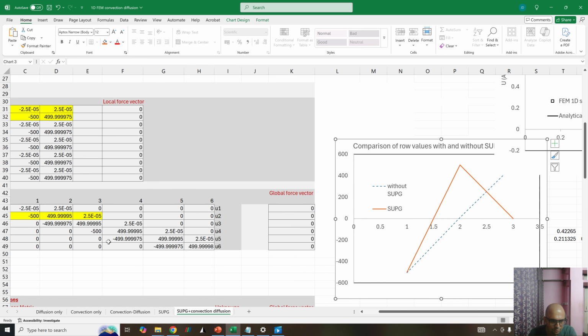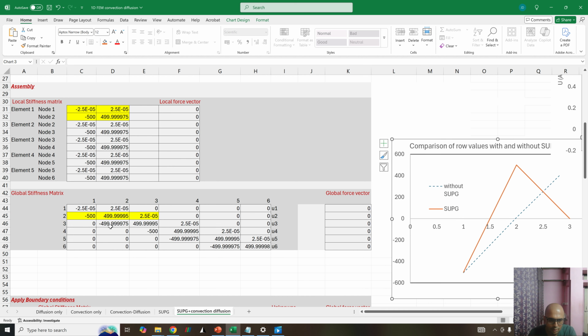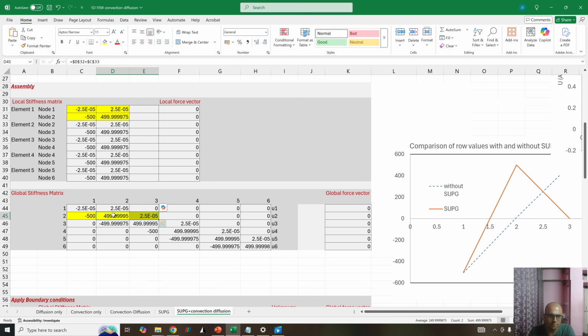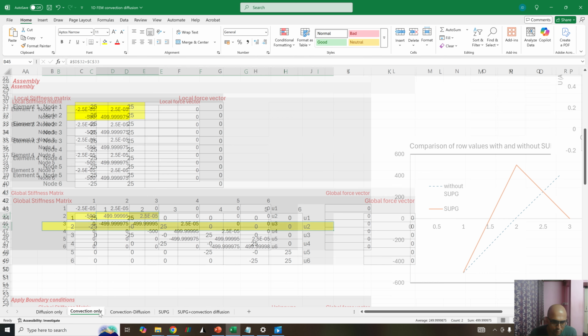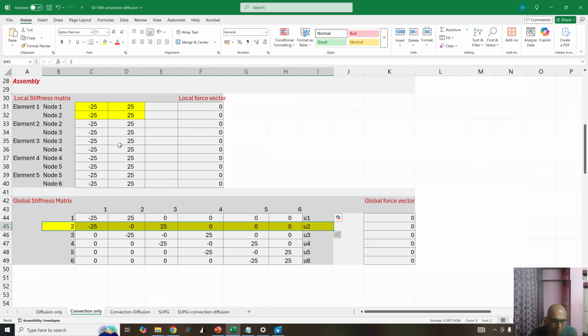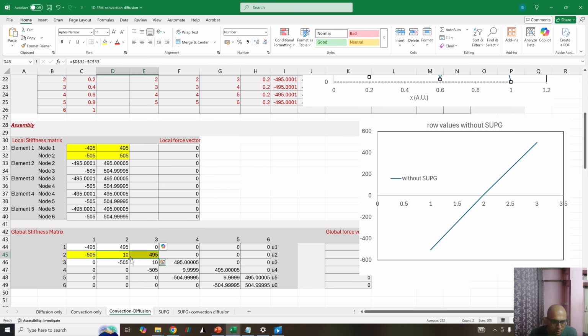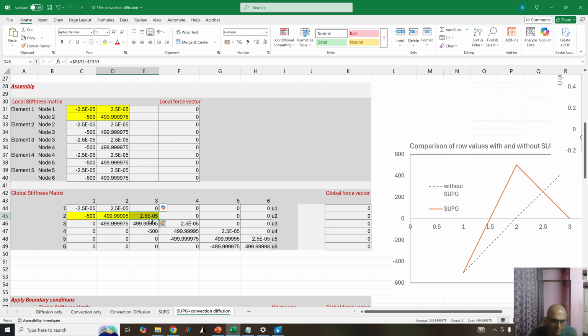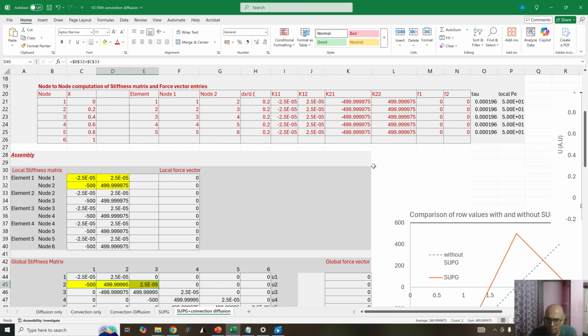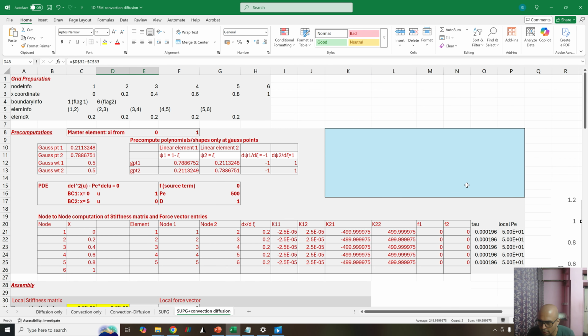Look at these two terms. Previously we looked at these same terms, and we saw that this term was 10, this term was 495. Now this term is 499, this term is almost 0. So the downstream term has been pushed down and the upstream term has been pushed up, and so the diagonal dominance is recovered.